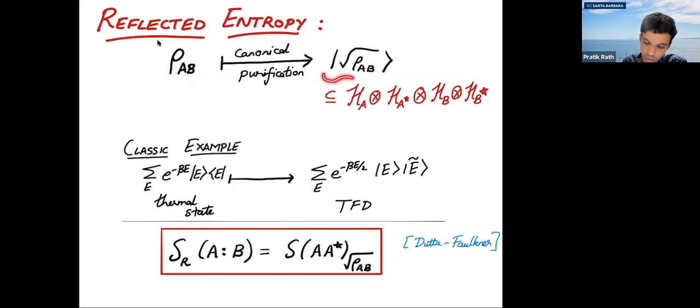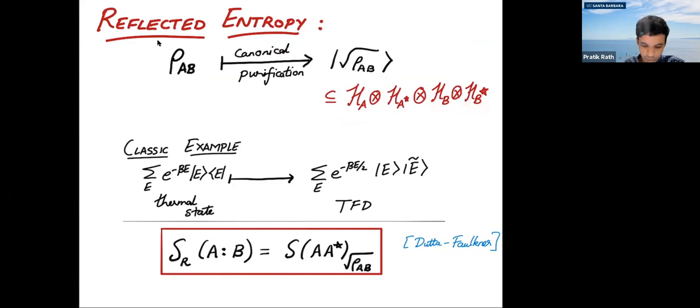So this state now lives on a doubled copy of the Hilbert spaces of A and B. So there's H_A tensor H_A star. A star is something I'll refer to as the reflected copy of A. So it's just some double copy of it. And similarly, H_B tensor H_B star. B star is the reflected copy of B.